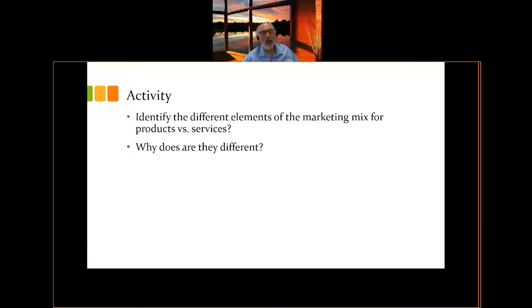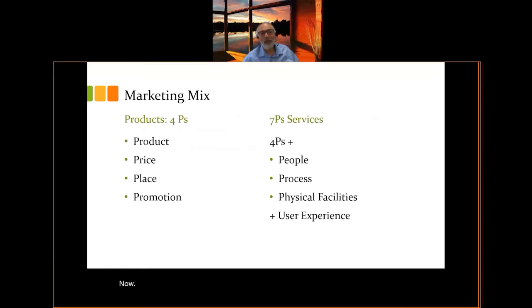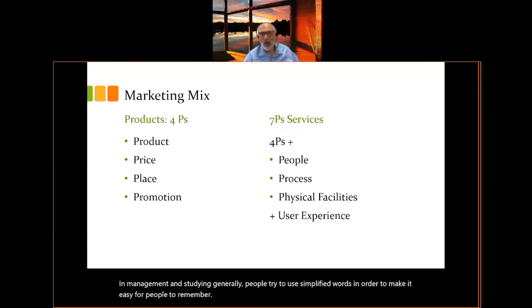Now, in management and studying generally, people try to use simplified words in order to make it easy to remember. So when I say the 4 P's, it is just an approximation to make it easy to remember.